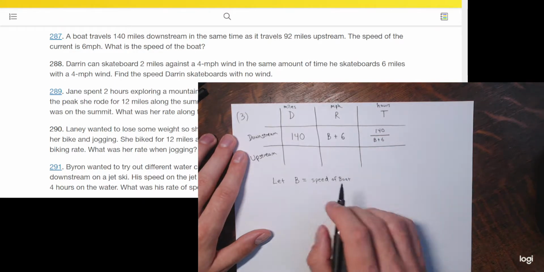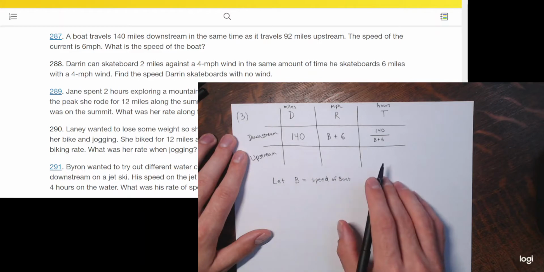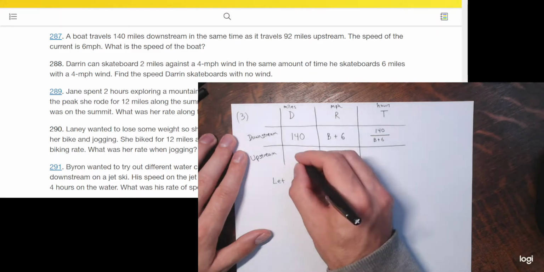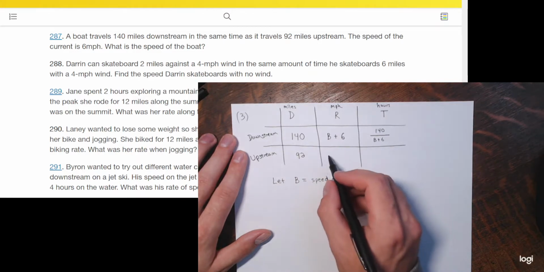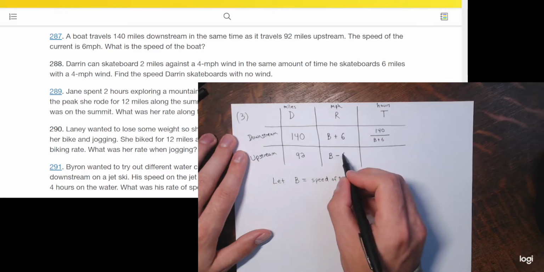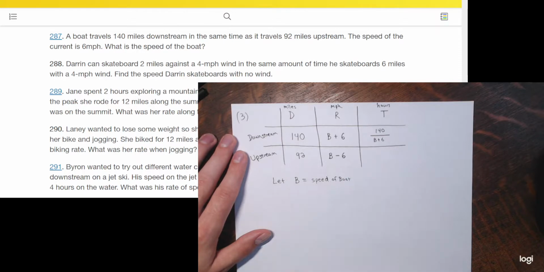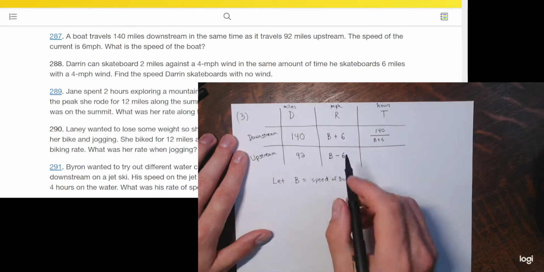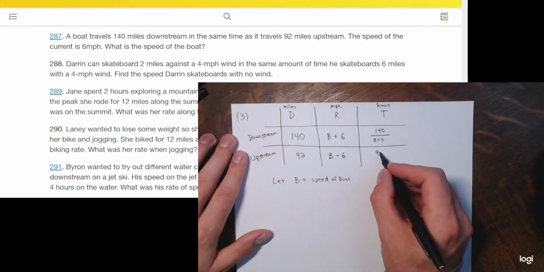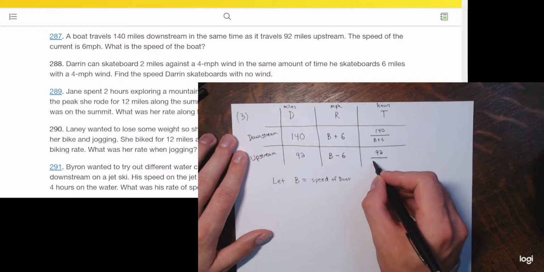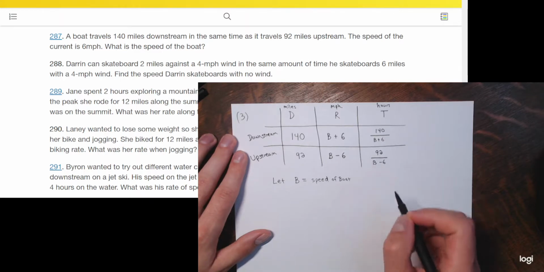Then the trip upstream against the current, traveling 92 miles upstream. So remember, this is against the water, it's slowing you down, so you have the speed of the boat minus the 6 mile per hour current. You're getting slowed down by 6 miles per hour. And once again, the time is distance divided by rate, so 92 divided by B minus 6.